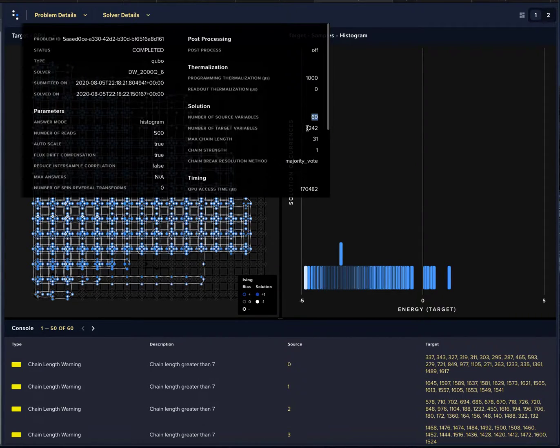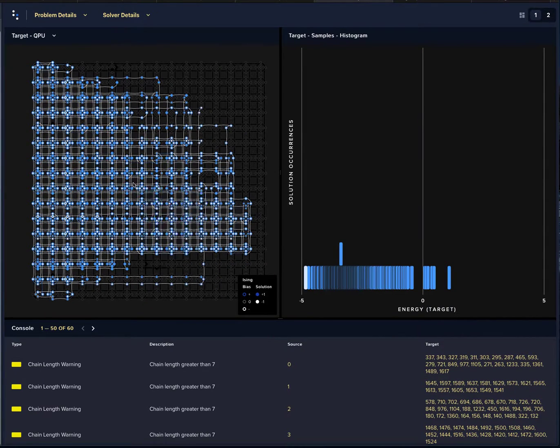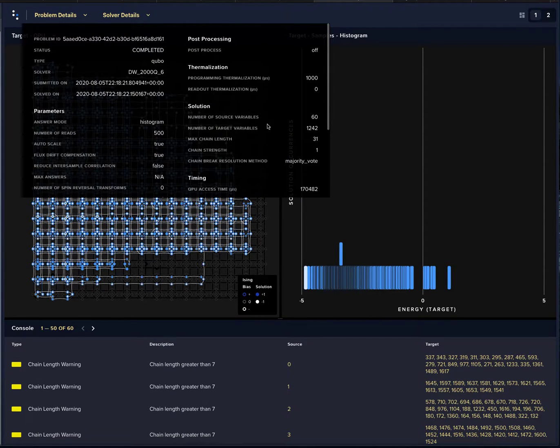What that means is those 60 variables are mapped to 1,242 qubits. So this is what 1,242 qubits looks like on the D-Wave. The maximum chain length is 31. So that means for each qubit that has to talk to another qubit, sometimes they have to link through 31 qubits.